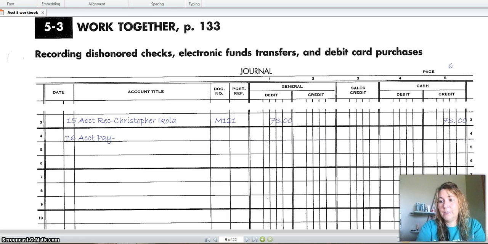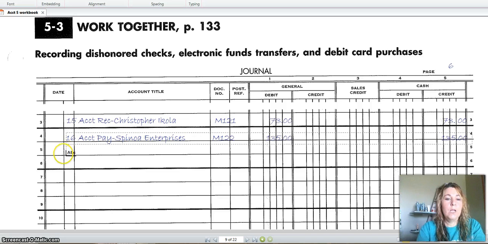Dash Spazoa Enterprises. Because we did not write a check, we had to create a memorandum. So this is memorandum 122. We are going to debit this account because we owe them less money than we did. So we need to take that out of our accounts payable. And we're going to credit cash because we now have less cash than we did.